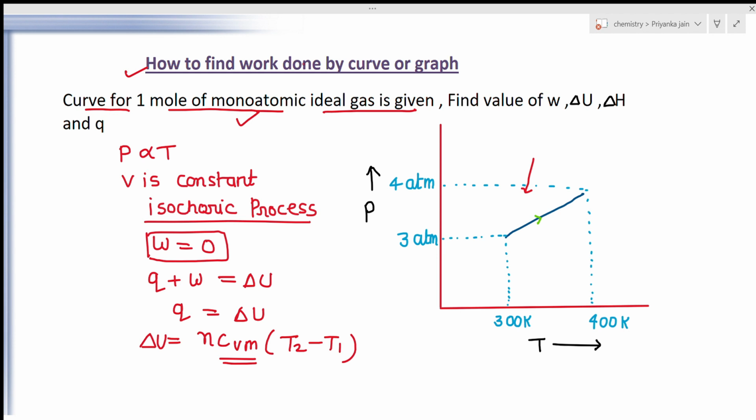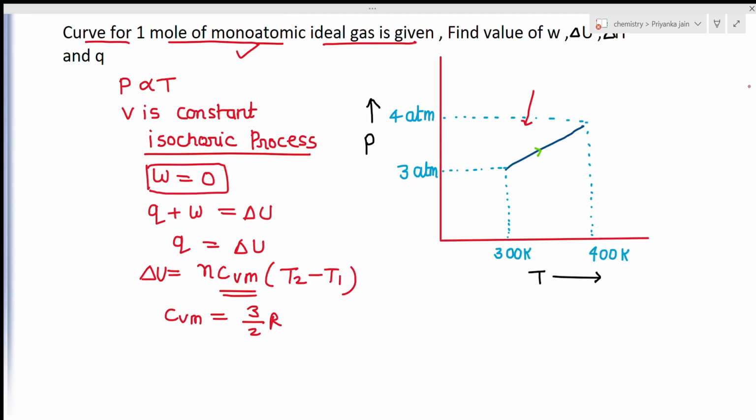For monoatomic gas, I have told you CVm is equal to 3 by 2 R. So we can write del U is equal to 1 into 3 by 2 R, and the temperature, you can see here, is 300 Kelvin and at this point the temperature is 400 Kelvin. So 400 minus 300.